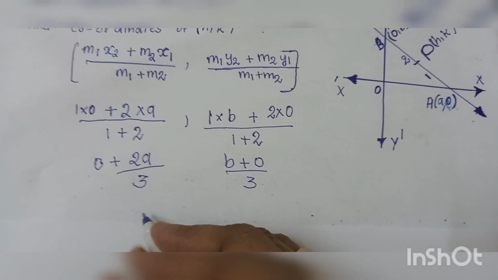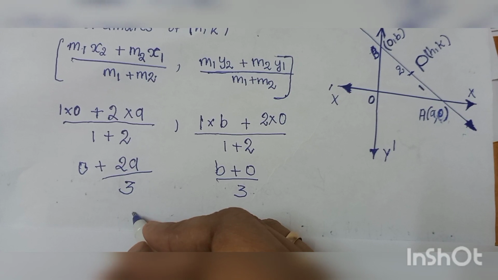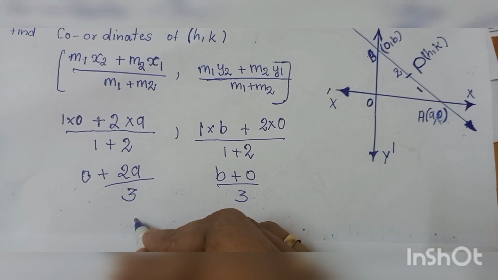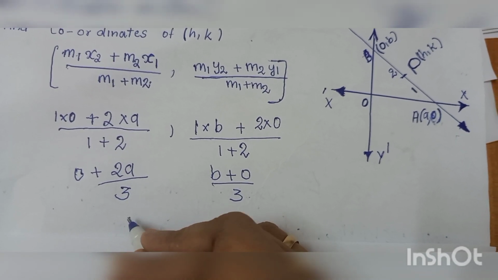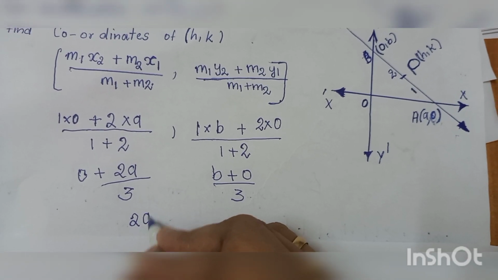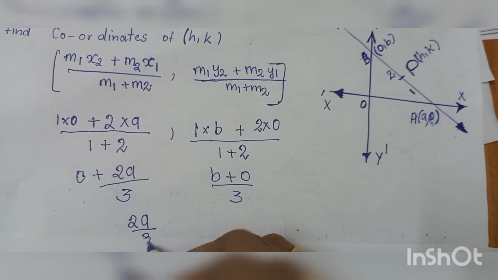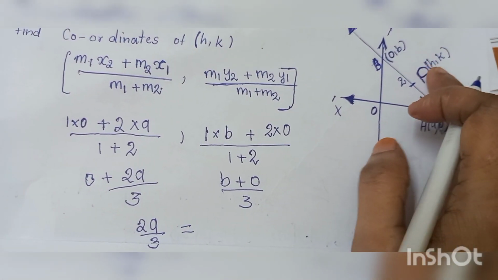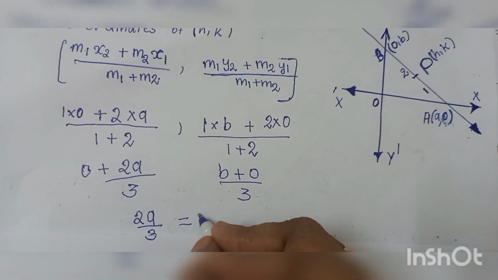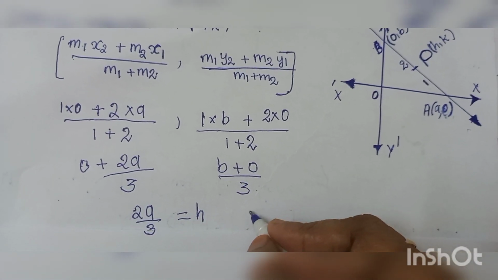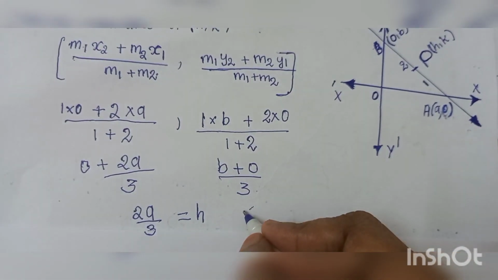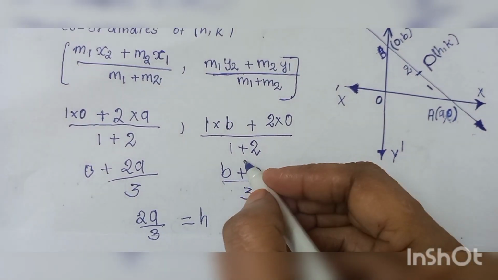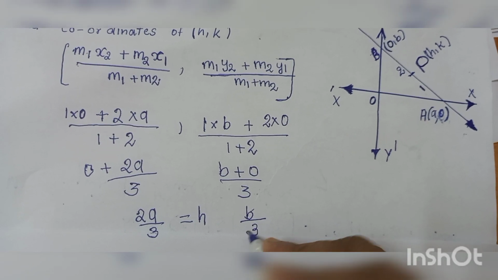So we have to equate. We want to find a. So we equate 2a by 3 to the midpoint value, which is equal to h. The value of x is h. Similarly b by 3 is equal to k.